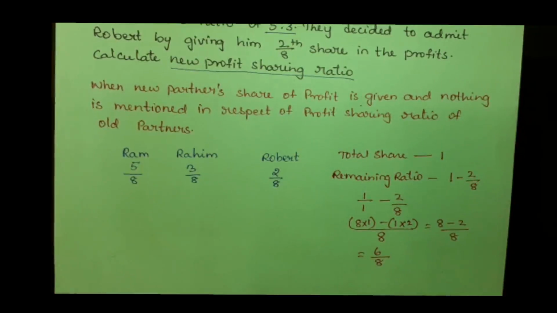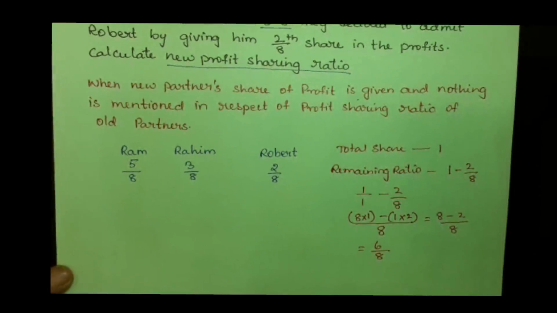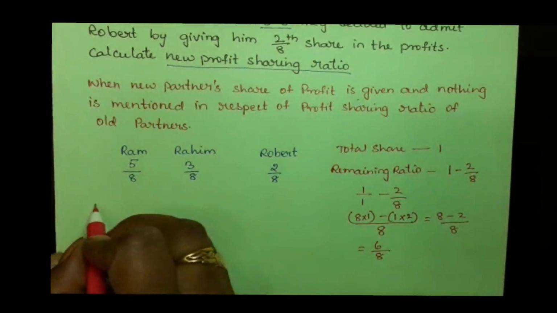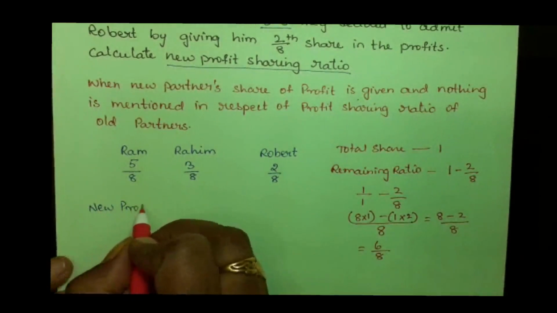Now we will calculate the new profit sharing ratio of Ram, Rahim and Robert. So what is the formula for the new profit sharing ratio?